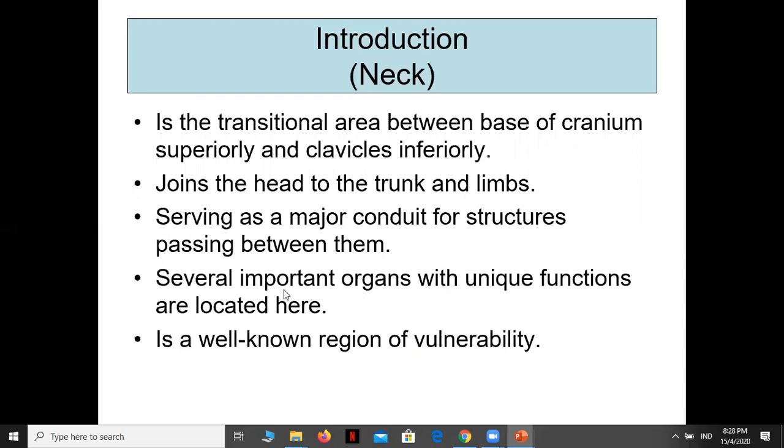That's why the neck is a vulnerable area, where if there is an injury that involves the neck, it can cause trouble or problems to the person because we have important organs present in the neck. The neck is also known as a region of vulnerability because here we have a few important structures that we're going to discuss later.